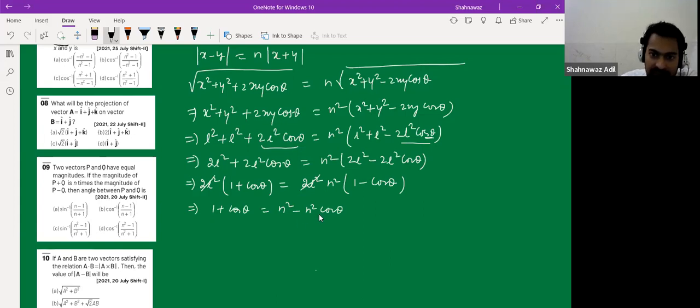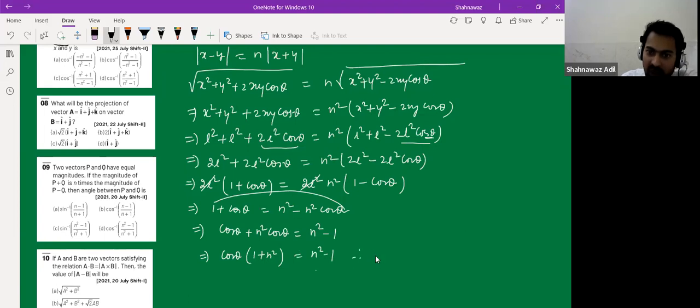So we take n square cos theta to this side: cos theta plus n square cos theta, and this comes over here, so this would be n square minus 1. So cos theta times 1 plus n square equals n square minus 1.